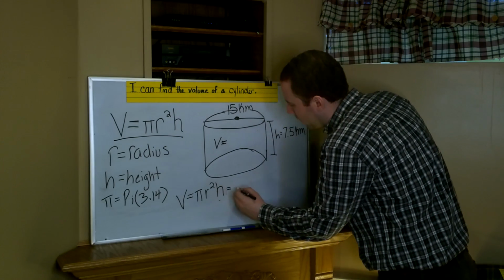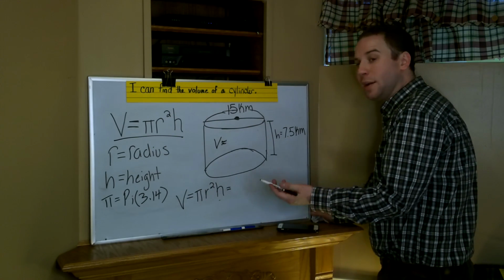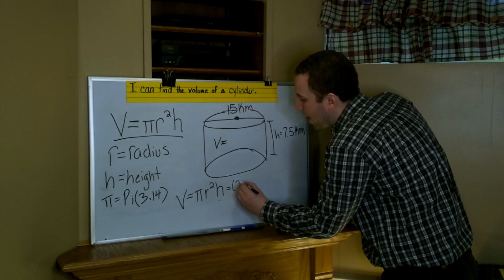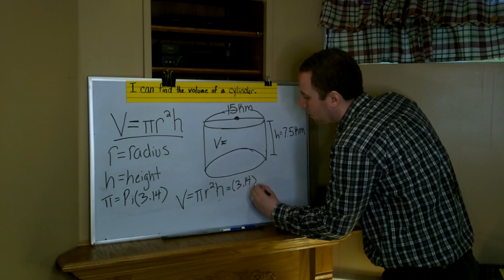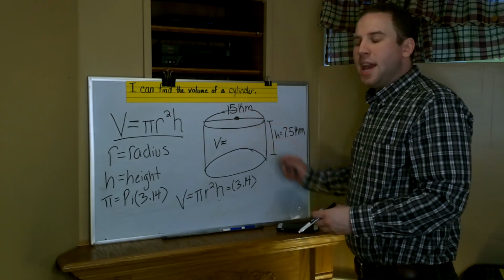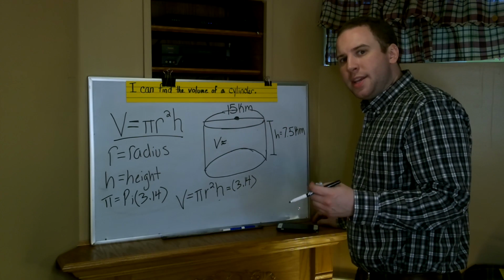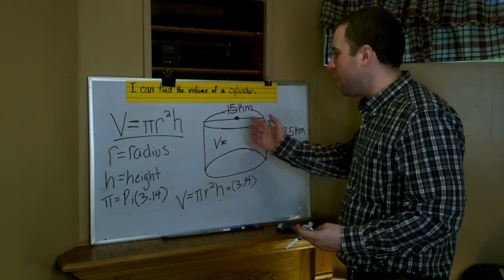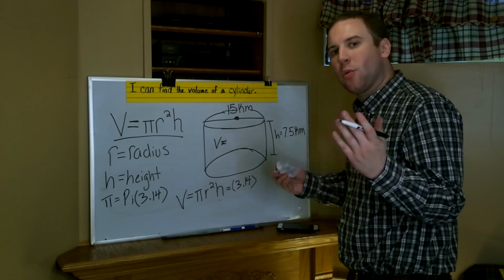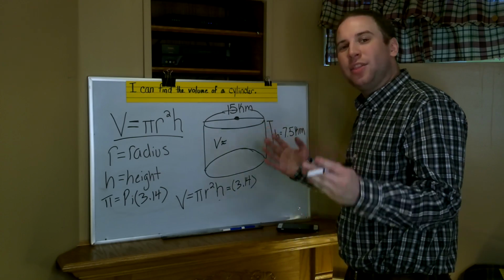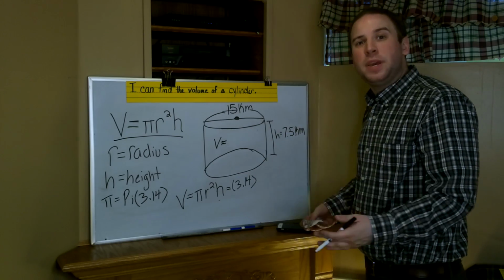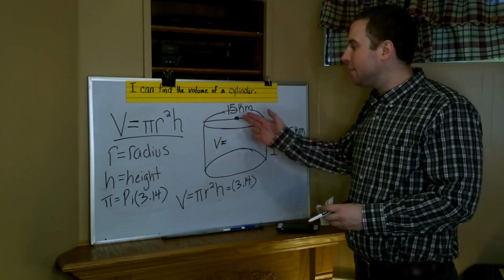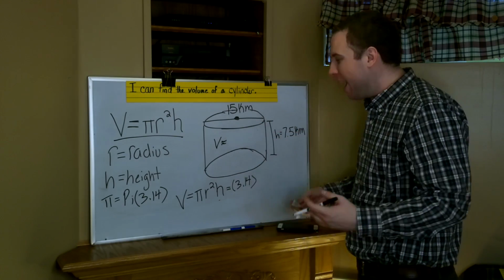So, first things first, volume equals pi r squared times height. Once again, pi is 3.14. Now, to find radius, you just take diameter and you cut it in half. So if our diameter is 15, what would be our radius? That's correct. It would be 7.5, because if I cut 15 in half, I get 7 and a half.